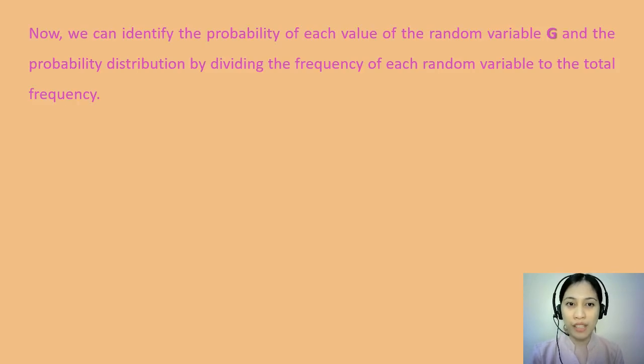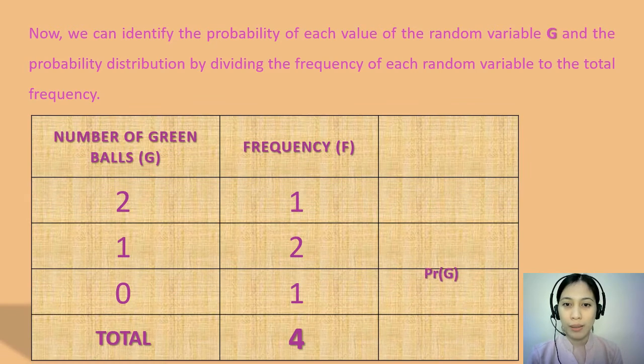Now we can identify the probability of each value of the random variable G and the probability distribution by dividing the frequency of each random variable by the total frequency. So the probability whereas 2 green balls are taken from the jar would be 1/4.